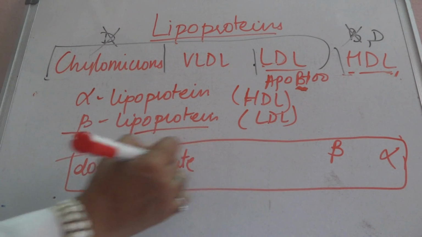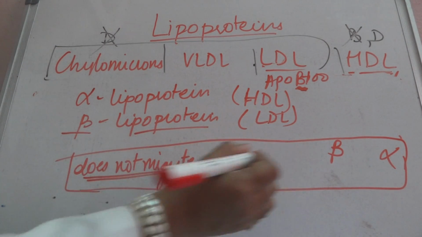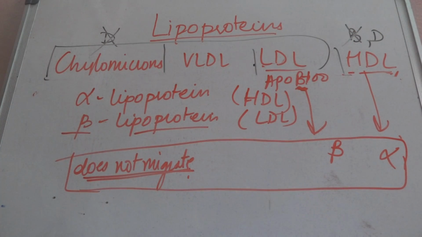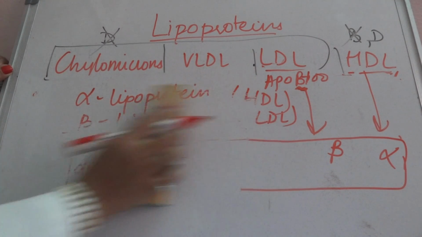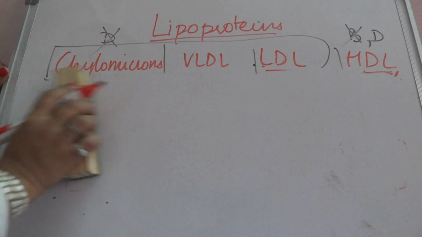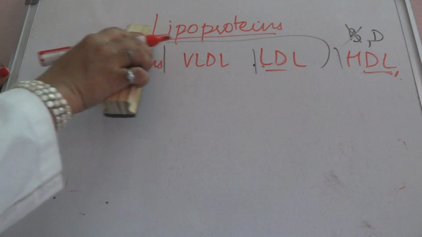HDL will be seen in the alpha band and LDL will be seen in the beta band. This is how they look electrophoretically. Chylomicrons do not migrate electrophoretically.